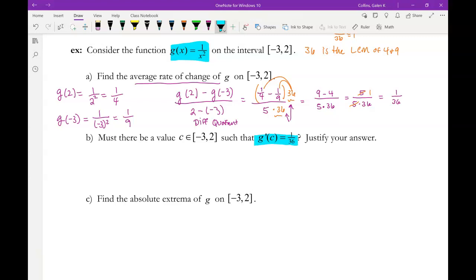However, the hypothesis of the mean value theorem is that the function must be continuous on the closed interval and differentiable on the open interval from -3 to 2. And look at what happens to G at 0 though. If I just consider setting my denominator equal to 0, I would find that when x is 0, G of 0 does not exist.